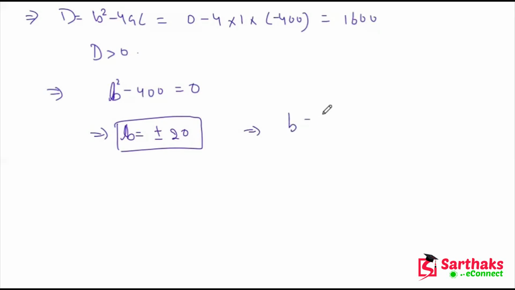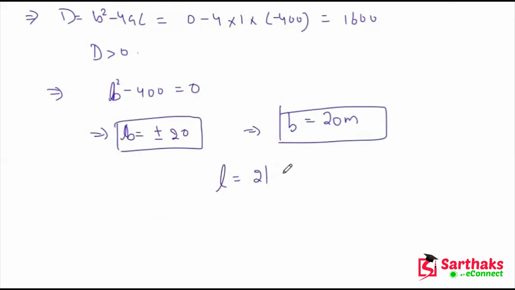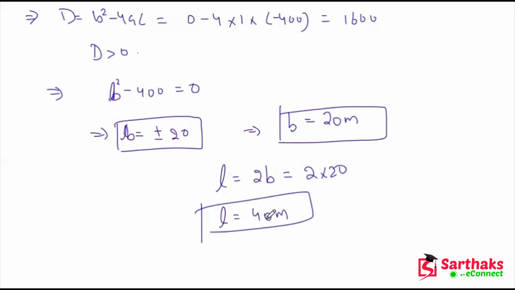So B equals 20. The breadth is 20 meters. Now what is the length? The relation of length and breadth is twice, so the length is twice of B, meaning 2 into 20. The length is 40 meters and the breadth is 20 meters. I hope you get this point.